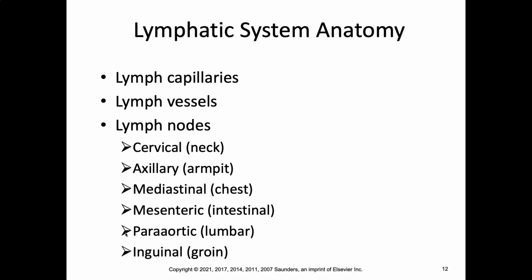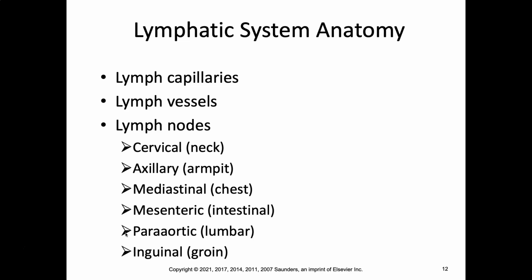And not that men can't have breast cancer, because they do. Men, though, it's a much rarer type of cancer. But for women, that tends to be a much higher rate of what happens.